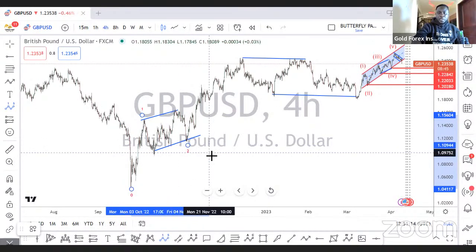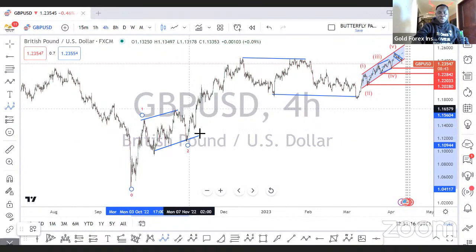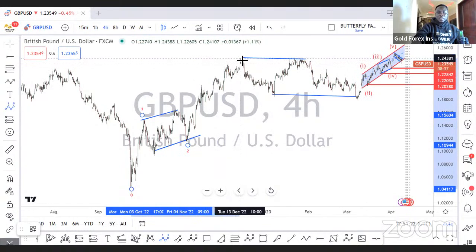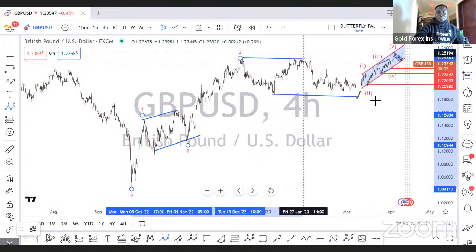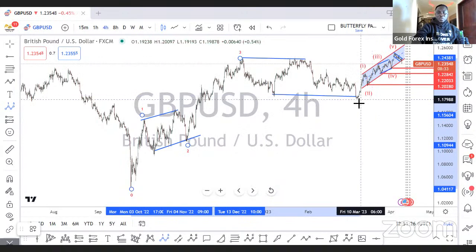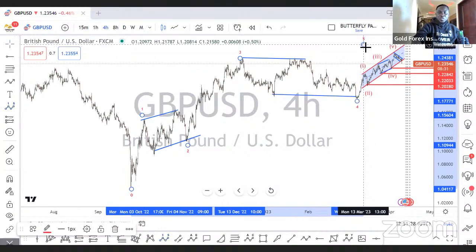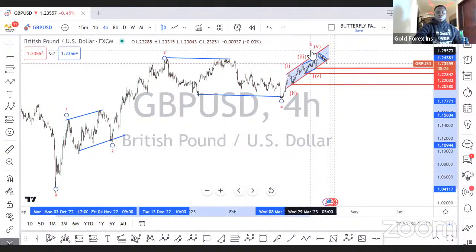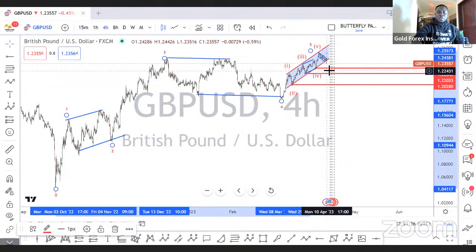2, okay? Then we have 1, 2, 3, 4, this is a flat correction, 5, becomes wave 3, then ABC flat correction becomes wave 4, and the last move over here is wave 5, which is this one. Now, the wave 5 gave us an ending diagonal.